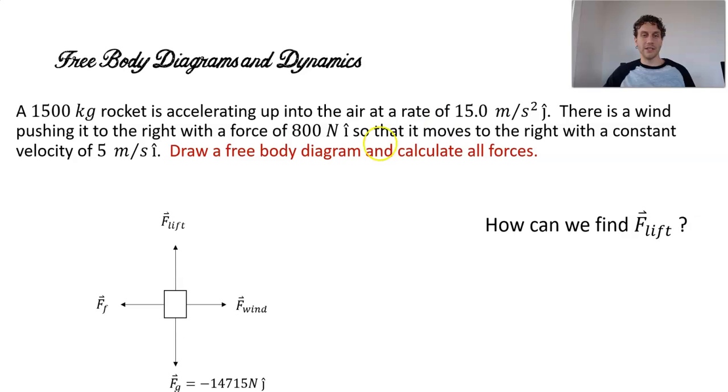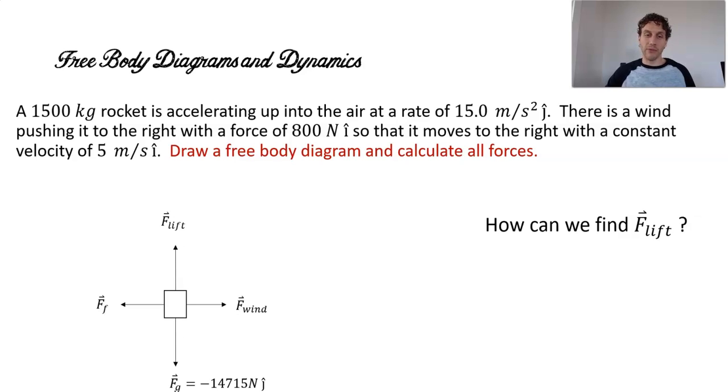If that's the case, these forces are not balanced. If there's an acceleration, these are not the same. And if it's accelerating upwards, that means that this one is bigger than that one. The lift force is bigger, and that's why it's accelerating upwards.